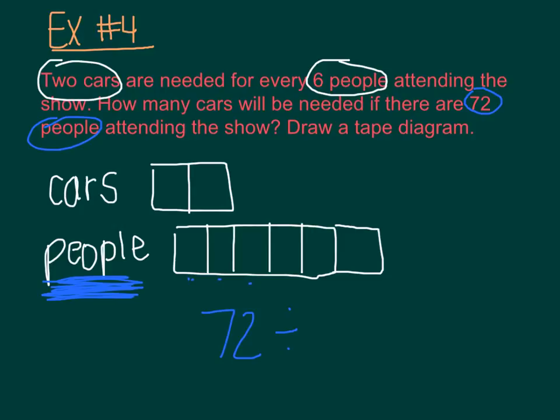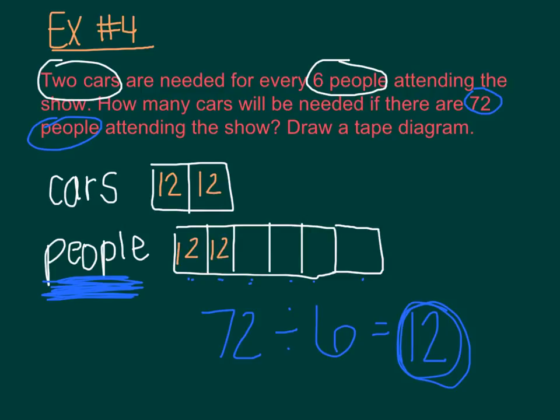I have 1, 2, 3, 4, 5, 6 boxes here, which equals 12. So that's how much goes in each box. So that goes in all the boxes for the cars and all the boxes for the people.